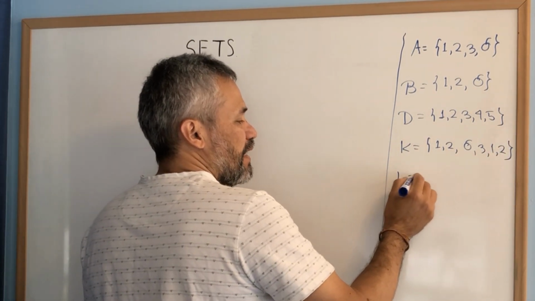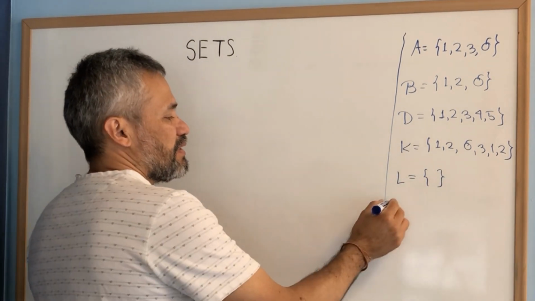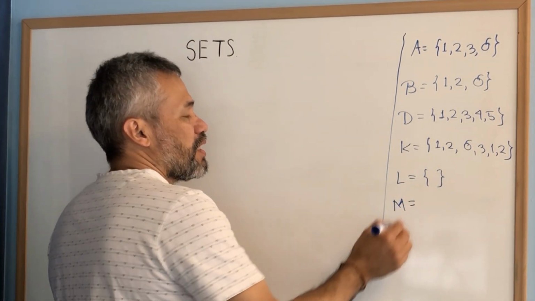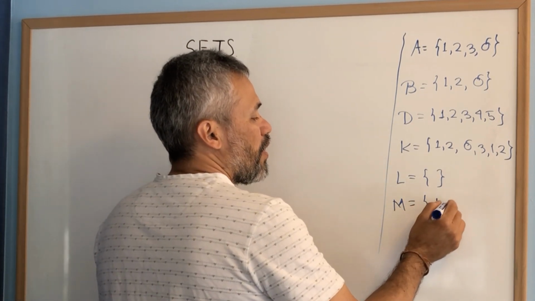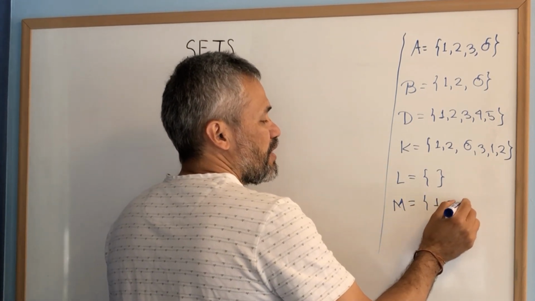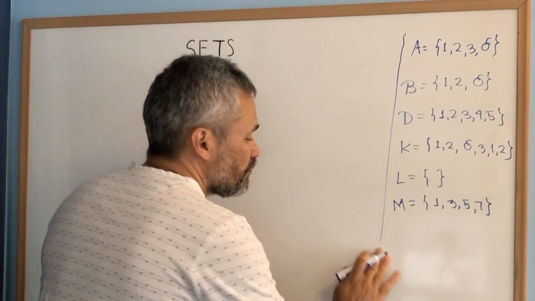Let's suppose that L is this set, and let's say that M is {1, 3, 5, and 7}.